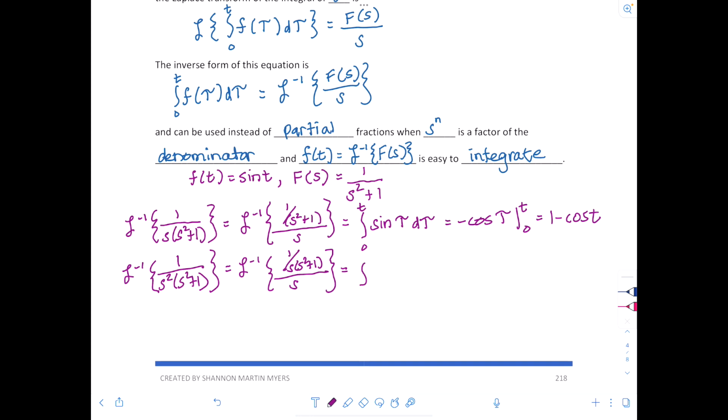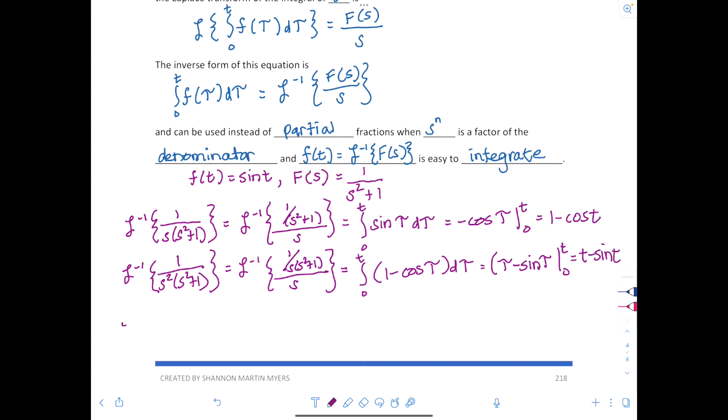So that would end up being the integral from 0 to t of our last result, which is 1 minus cosine, putting in tau, and then d tau. So the integral of cosine at tau is sine at tau, right? So you'll get tau minus sine at tau, evaluated as tau goes from 0 to t. Sine at 0 is 0, and when you plug in 0 for tau, you'll get 0. So this one will just be t minus sine at t.